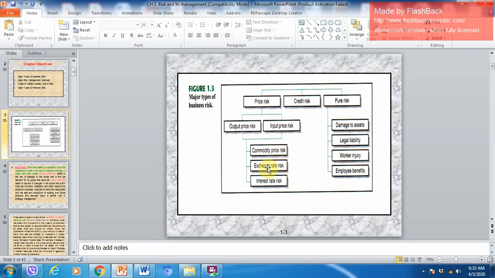We can understand this point by another real example. For example, nowadays $100 is equal to how many Iraqi dinar? If the exchange rate is high, for example $100 is equal to 130,000, 128,000, it's a high rate.